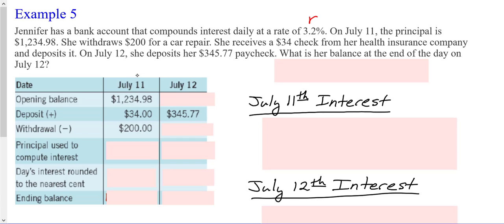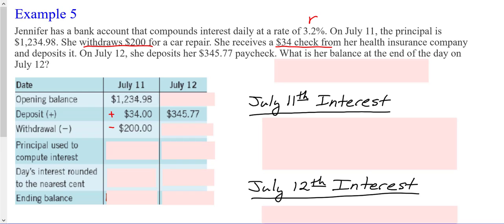So our opening balance is $1,234.98. And if you remember, it said she deposited a check from her health insurance company for $34. So that is going to be added. It also stated she withdrew $200 for a car repair on July 11th.